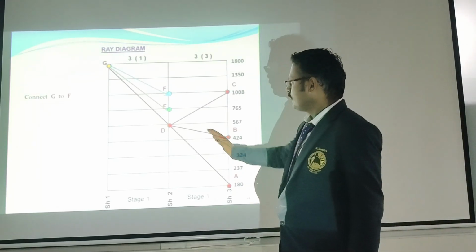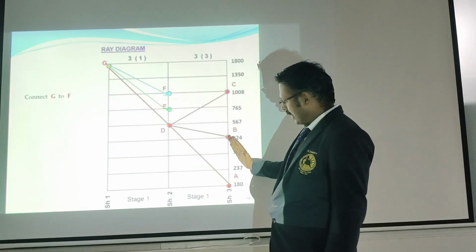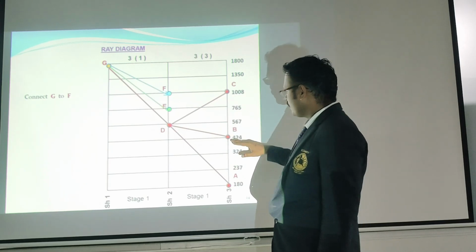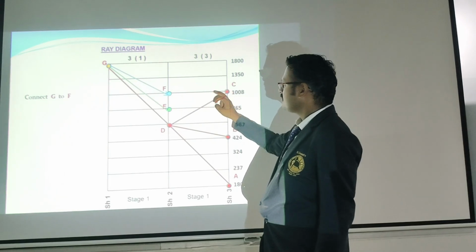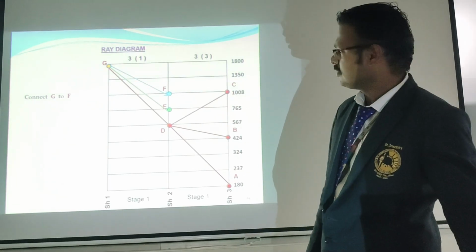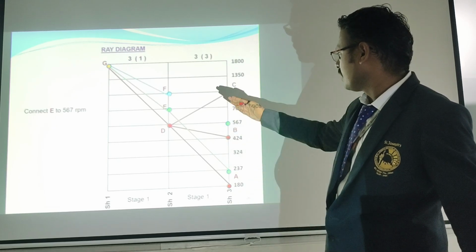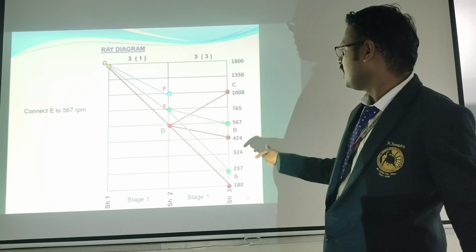So now I have to draw the parallel line for this. So parallel to the DA, I have to draw one parallel line. Parallel to the DB, I have to draw another parallel line. So parallel to DC, I have to draw another parallel line. So I have drawn the parallel line, parallel to the DA, parallel to the DB.